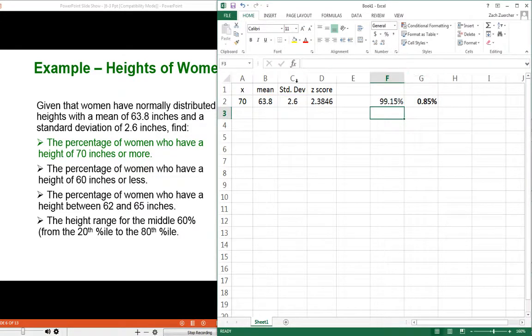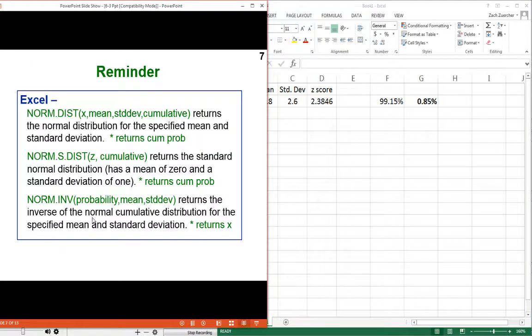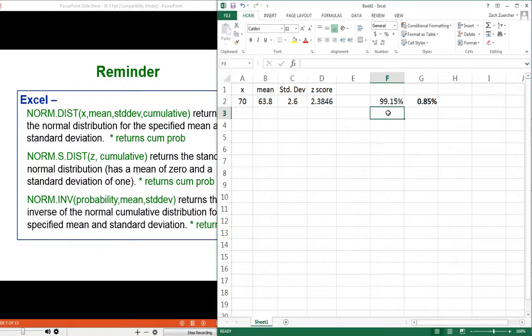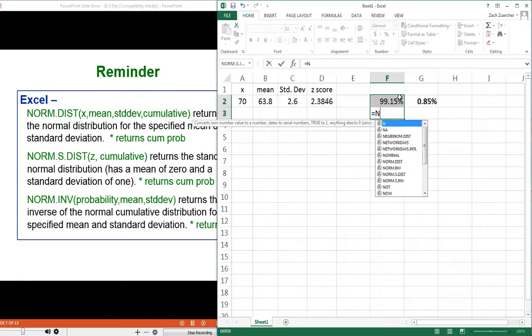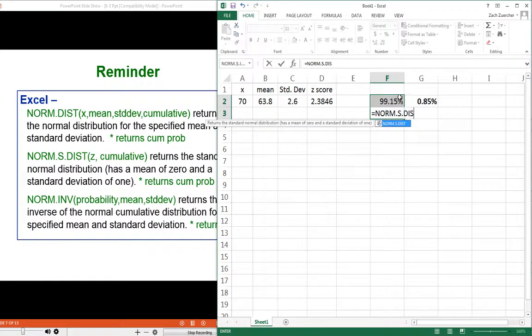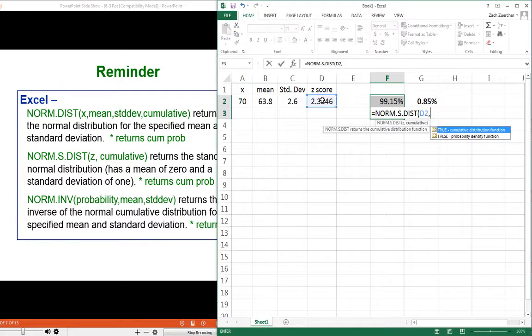Since we've calculated the z-score, let me show you how you can use the norm.s.dist function. Instead of those three, if we stick in the z-score, it's going to look like this. Norm.s.dist, and all it needs here is the z-score, and I'm just going to pick it right out of here, and cumulative is true.